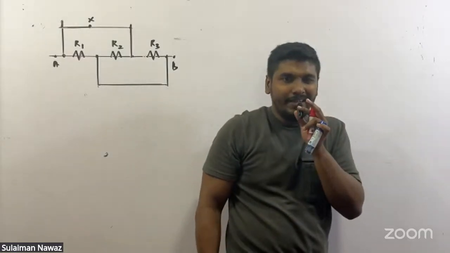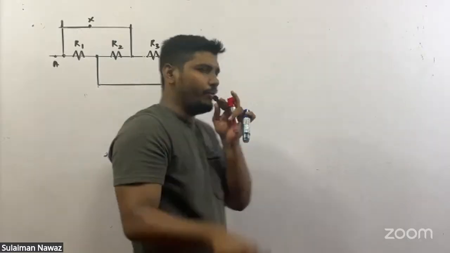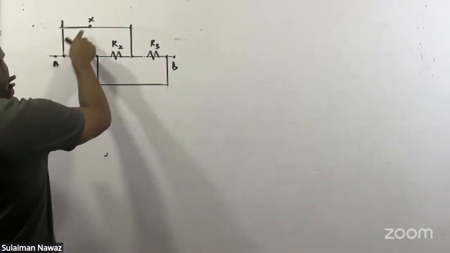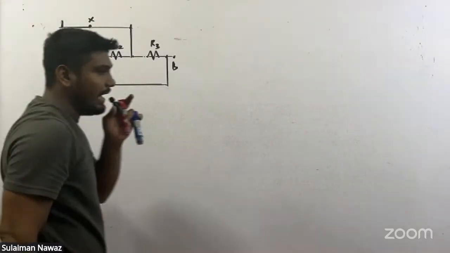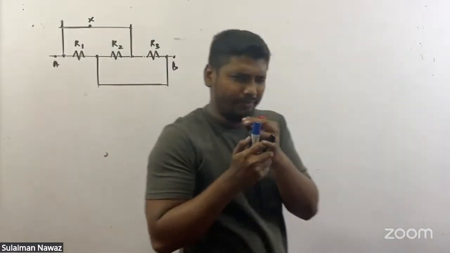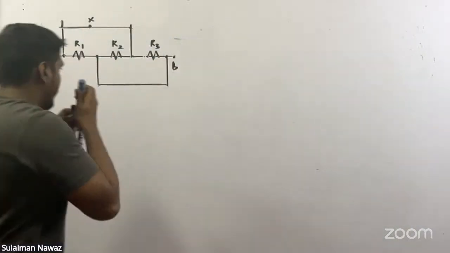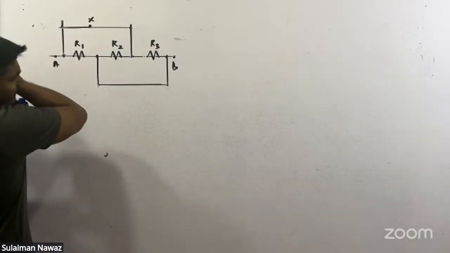Sometimes you can't identify that. Some of you, by experience, can tell that these 2 points should have same voltage, but some people can't identify that. In that case, take some colors, use different colors, and just color it.